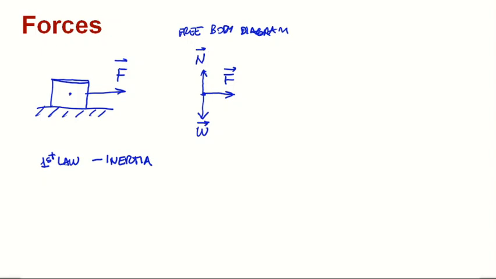The person was moving, let's say the car was moving with the people at 100 kilometers per hour. So when the car stops, the person will keep moving, unless something stops them, like the window or the floor or another car in front of them. So that's inertia. That's the first law.